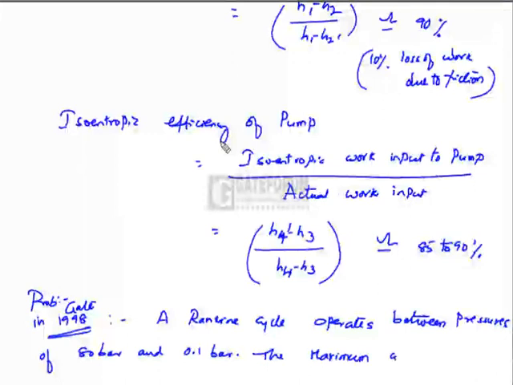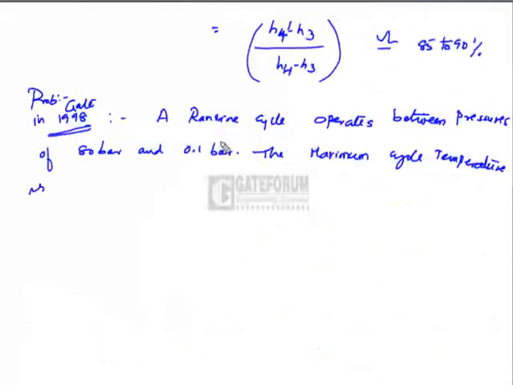The maximum cycle temperature is 600 degrees centigrade.